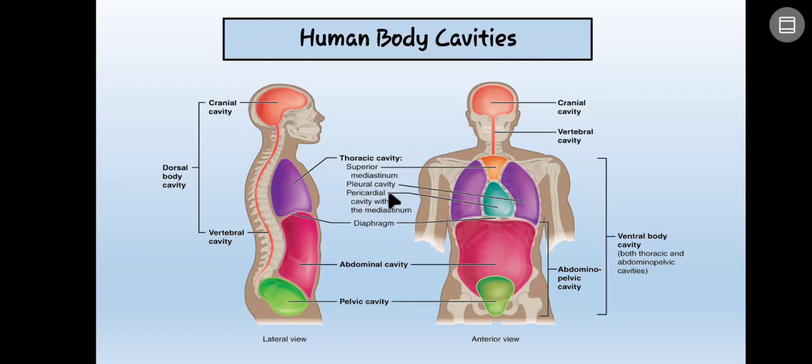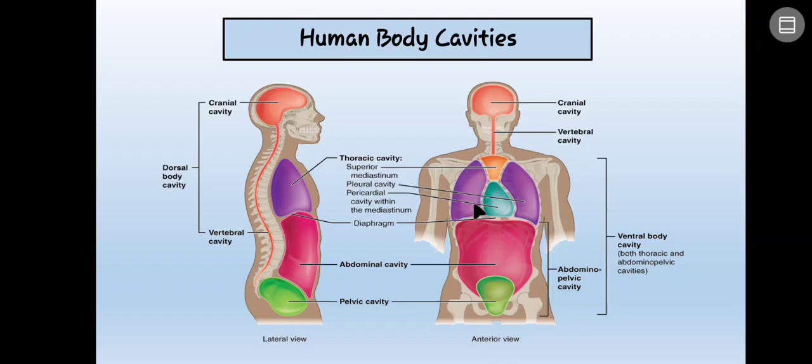Within the mediastinum, we have the pericardial cavity. So this region is what we call the mediastinum, and within it we have a portion we call the pericardial cavity. And all this is within the thoracic cavity.